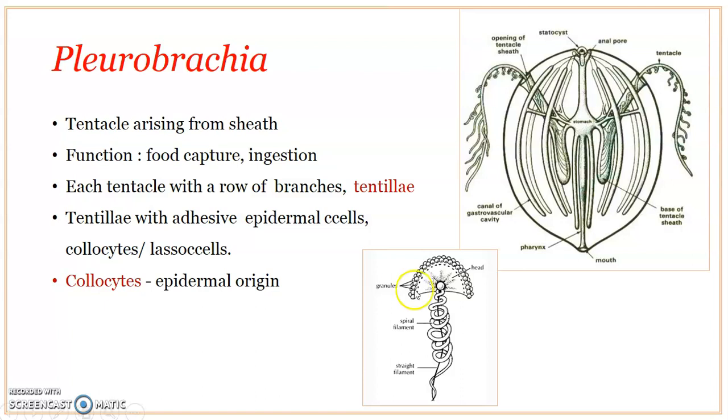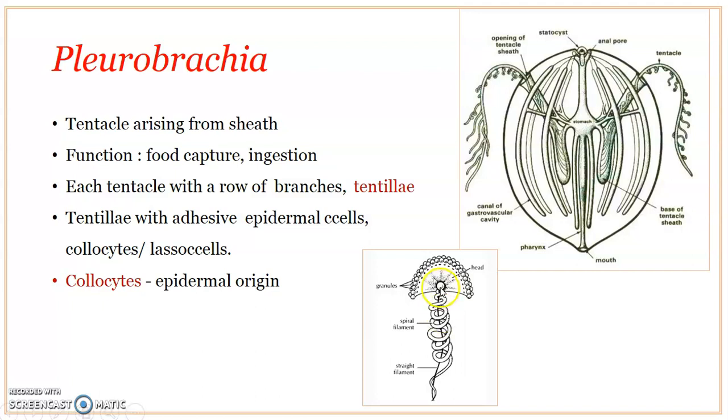Now, coming to the rest of the parts of the colocyte. This is the apical head, and from the base of the colocyte, you can see a very stiff axial filament running along the center. This is a straight filament, the axial filament, or otherwise referred to as the nuclear filament of the stalk.